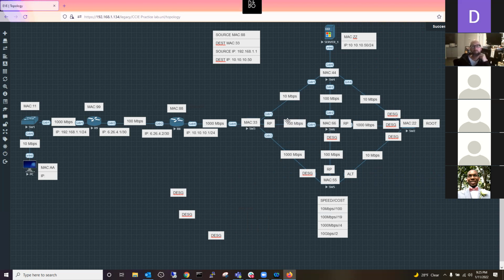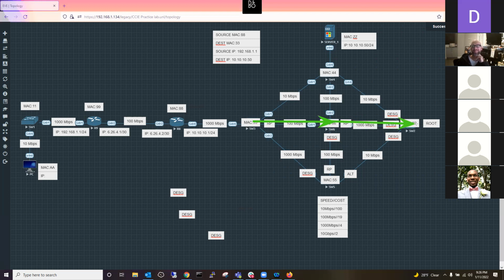And what's the cost of this link to get to the root? That would be a cost of 19 plus 4, so 23. Give me one second. I want you to walk me through it. From here to here, what's the cost? That's 19. Okay, and from here to here?